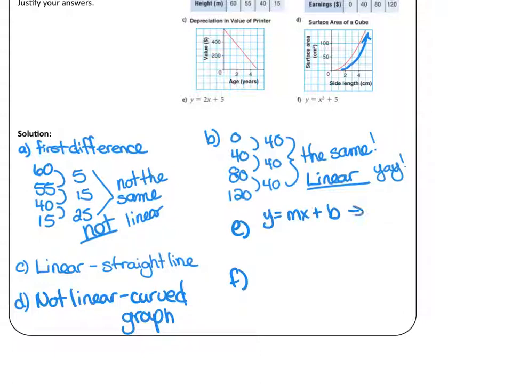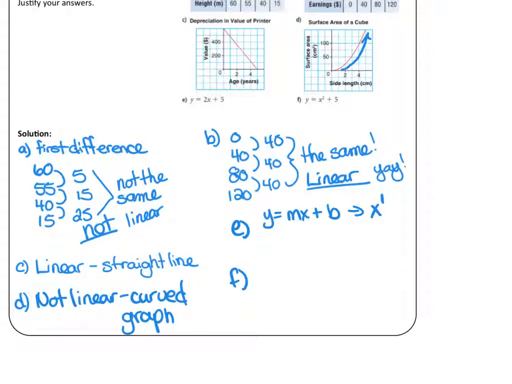Or another kind of thing to look at is that the x has an exponent of 1. So it's not a 2, it's not a 3, it's not anything crazy. There's no exponent on the x, because for 1, they just leave it off.